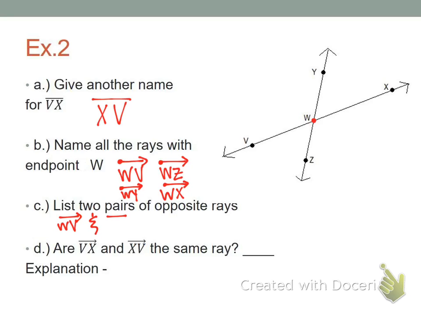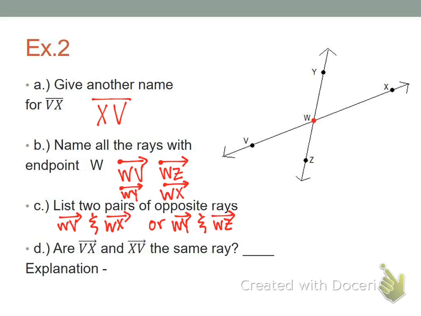WV and WX. The other pair of opposite rays would be Ariana? WY, WZ. All right.